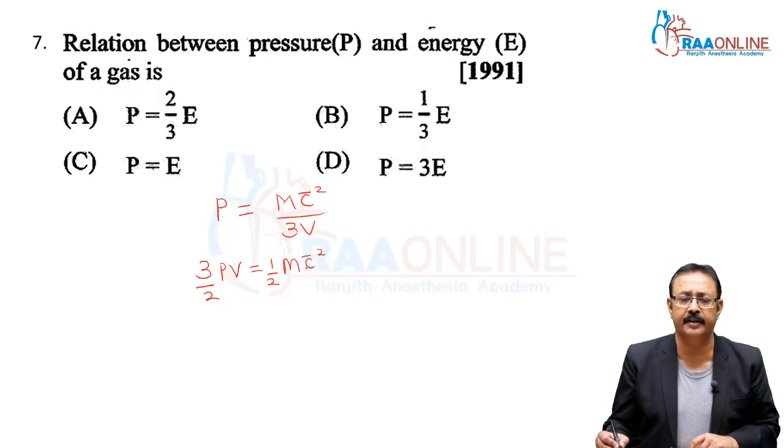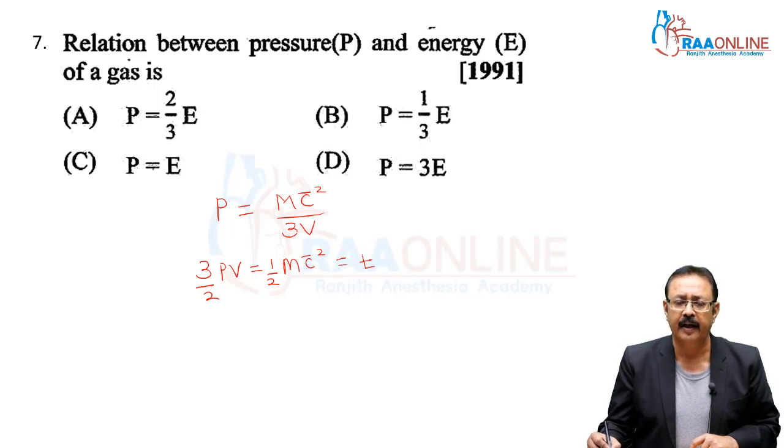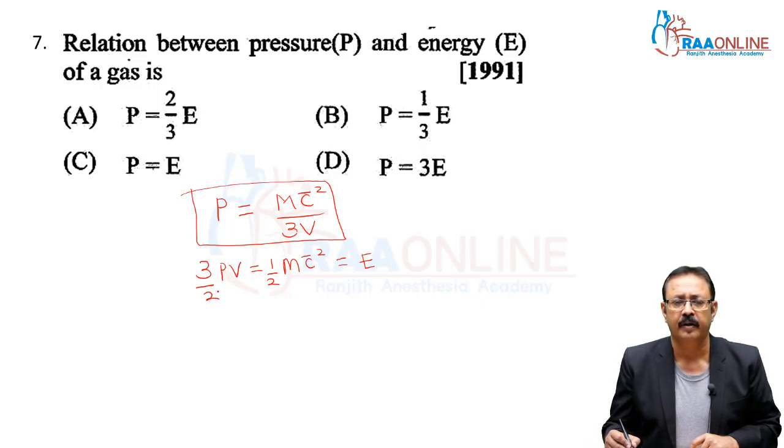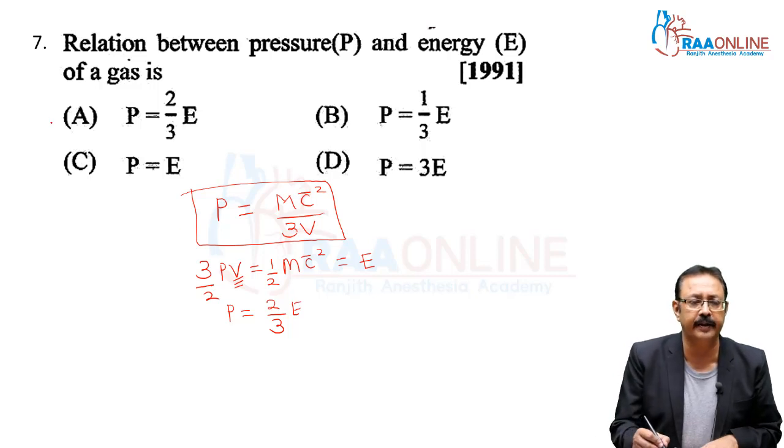It is energy, so you can replace it by E. If you know this one relation, all problems are easy for you. Volume is not given, it means they are talking about unit volume. So what is the relation between pressure and energy now? P should be 2/3 of the energy. So we will go with option A.